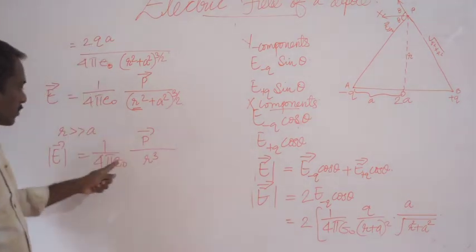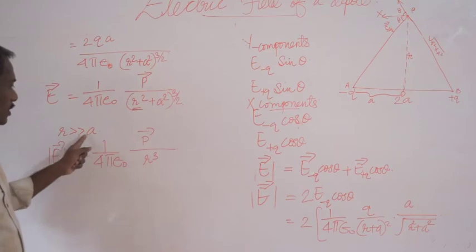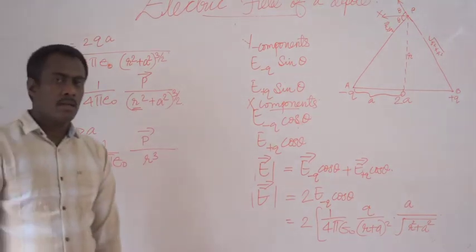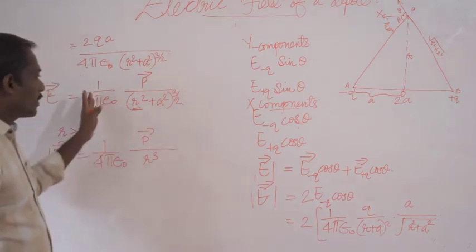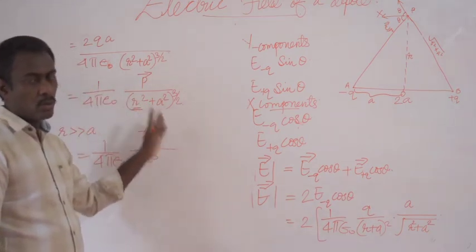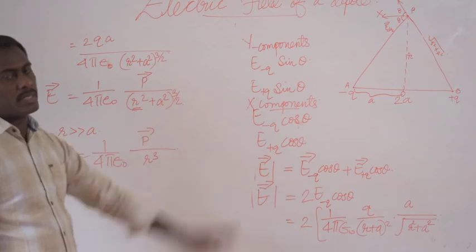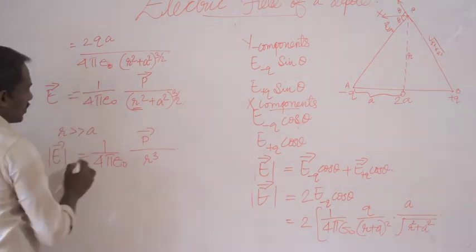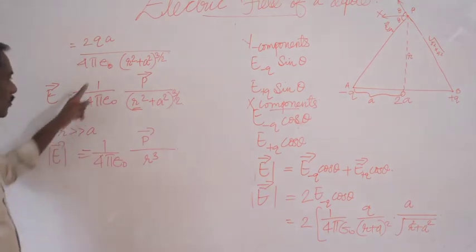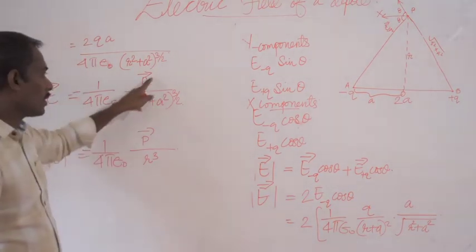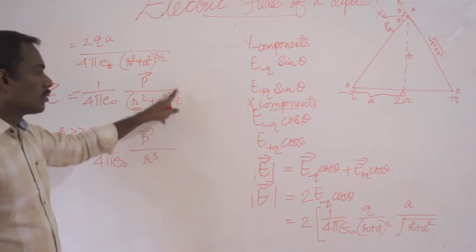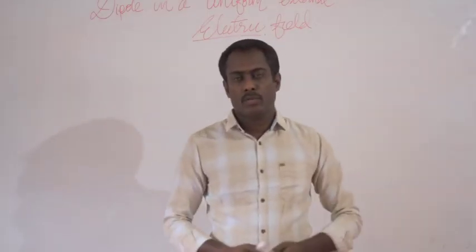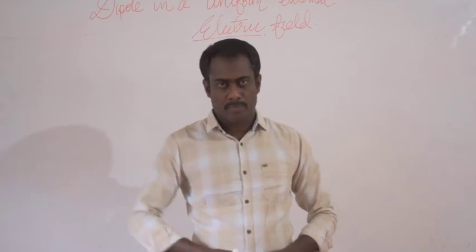In such a special case where the value of r is much greater than a, and since the direction of the electric field produced is opposite to the direction of the dipole moment, a negative sign is added here. So minus of 1 by 4 pi epsilon 0 into P divided by r square plus a square whole raised to 3 by 2. Next, a dipole in a uniform external electric field.